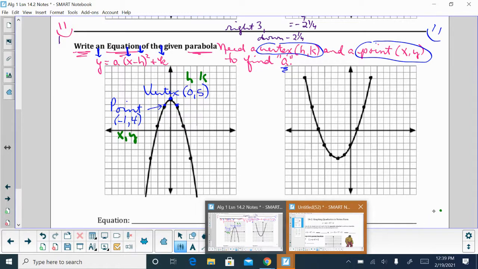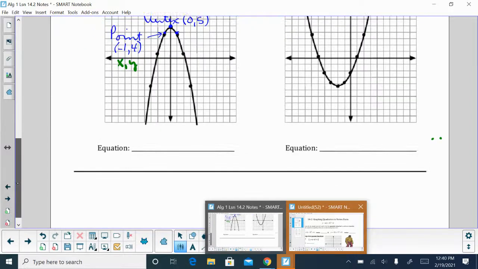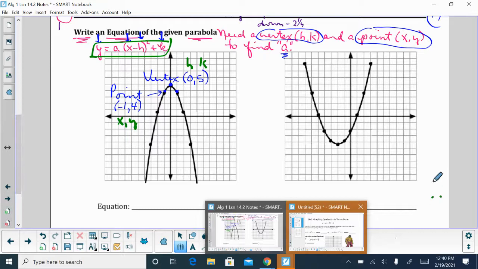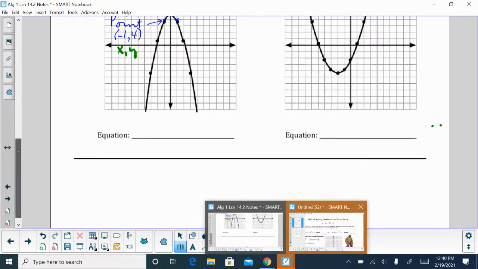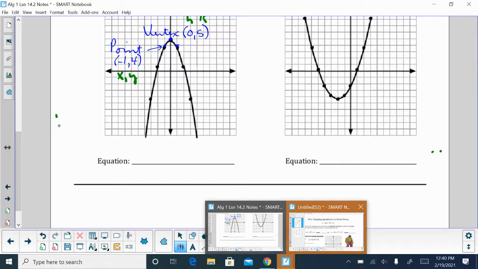Now, as I reflect back on my vertex form here, at this point, I'm just going to substitute those values into my basic form so that I can solve for a. So I'm going to need a little room here. I'm going to write my info down here so I can see a little better.